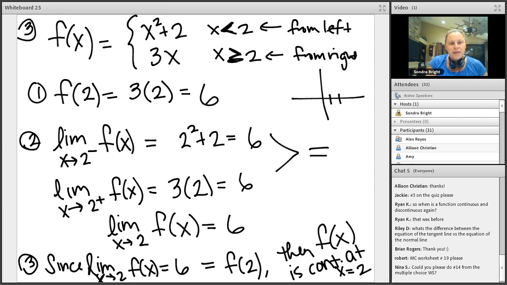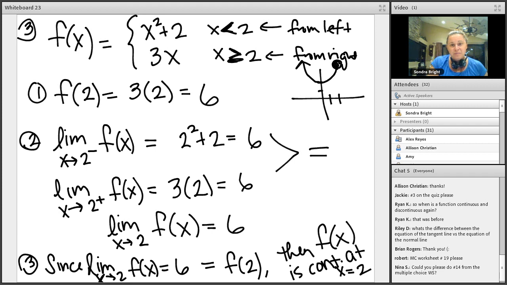Okay, x squared plus 2 would be a parabola opening up like this, but with an open dot there. Then x greater than or equal to 2 would be a straight line, slope of 3, and it's a closed dot.